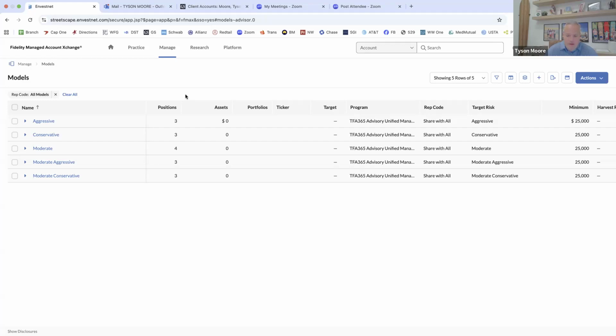I'm like, wait a minute. The whole point of a model is if I want to change a model for any reason, I make one change and then it updates all of my client accounts. And so if something comes out in 3 or 4 months and I want to add a new fund to it, then I'm just going to add that, and it automatically updates all my accounts. So that's on me. I would recommend you guys build models just like me as soon as possible.